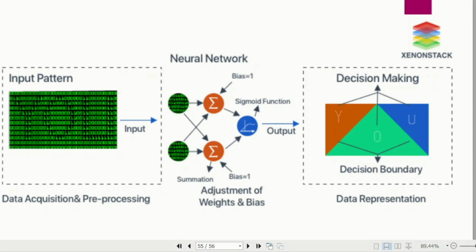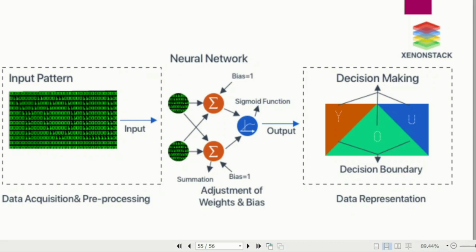Examples of applications of pattern recognition in artificial neural networks are fingerprint images, handwritten words, human faces or a speech signal. Given an input pattern, its recognition involves some tasks.